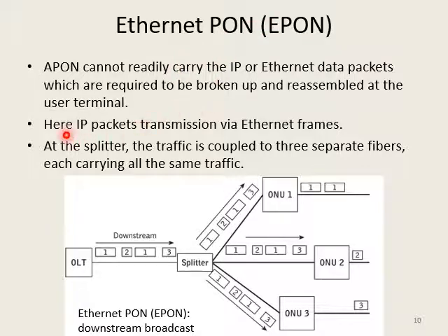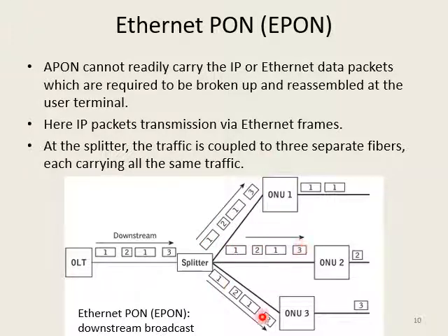Here in EPON, IP packets are transmitted via Ethernet frames, frame by frame, from the local office to the user side. Normally there will be a splitter, one to many, but in this diagram for Ethernet PON, the user side is 1 cross 3. At the splitter, the traffic is coupled to 3 separate fibers, each carrying the same traffic, as you can see.